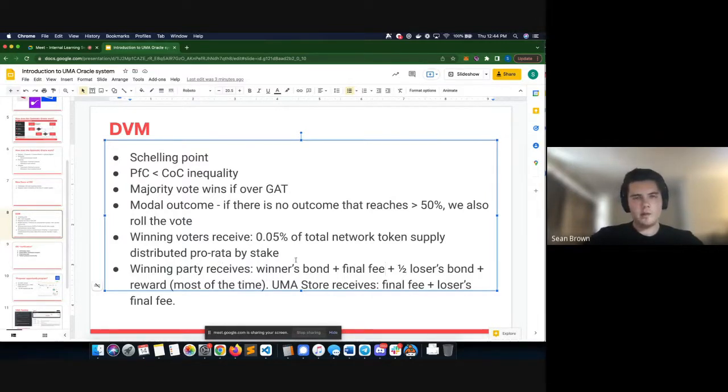Once the outcome of the dispute is published, we now know who won. If the outcome does not agree with the proposed value, then the disputer won. If it does agree, then the proposer won.